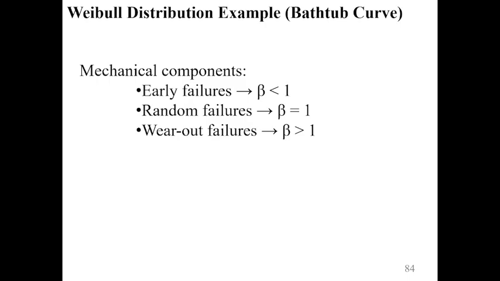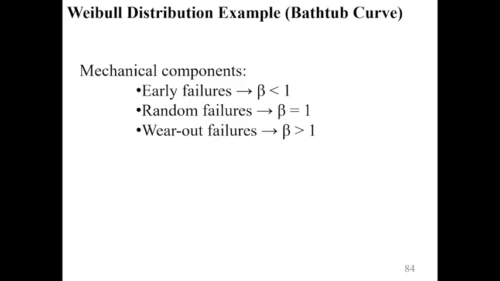This example also explains the Weibull distribution, which is one of the most important models in reliability engineering. It is highly flexible and can represent different failure behaviors. When the shape parameter beta is less than 1, it indicates early failure, often due to a manufacturing defect. When beta equals 1, failures occur randomly, similar to the exponential case.